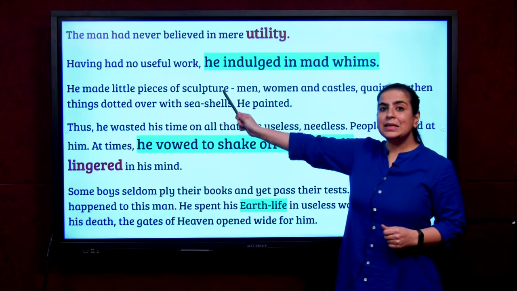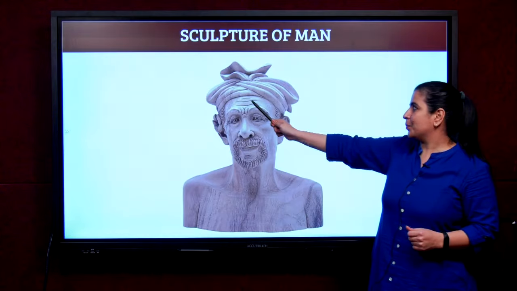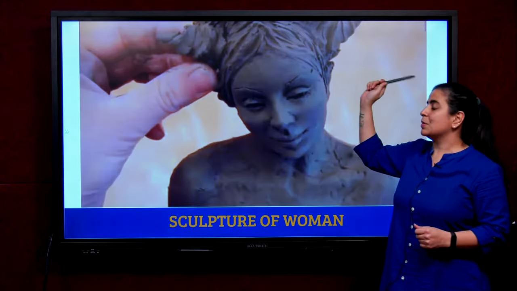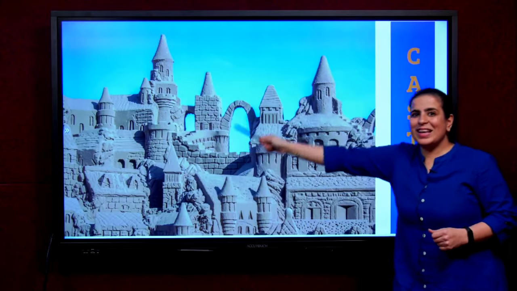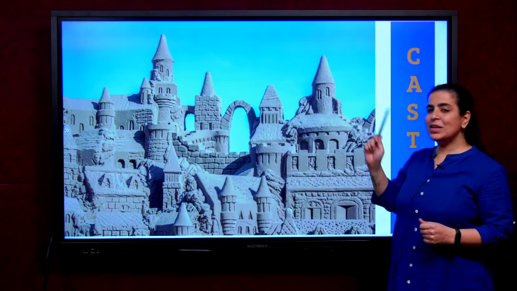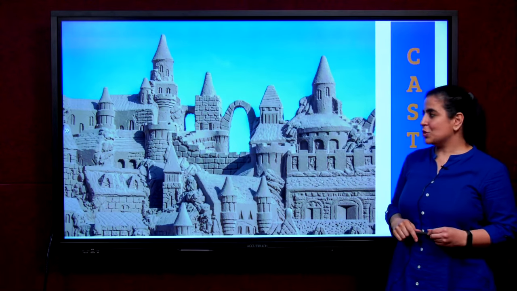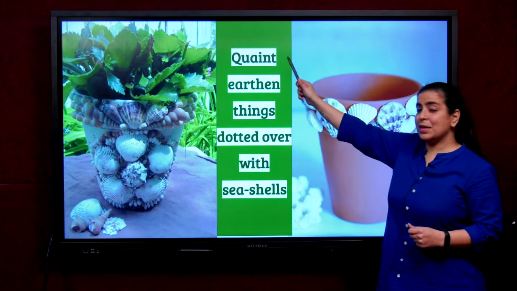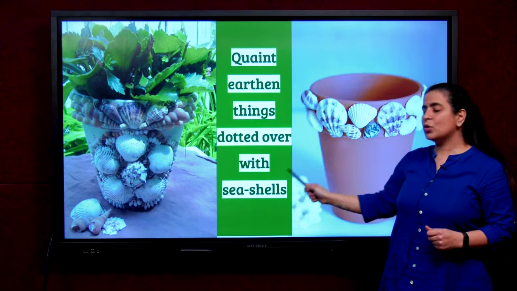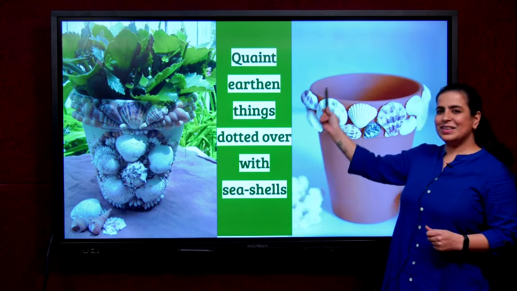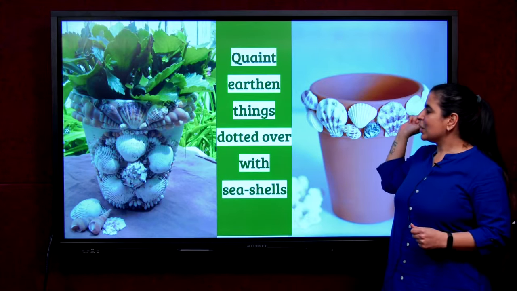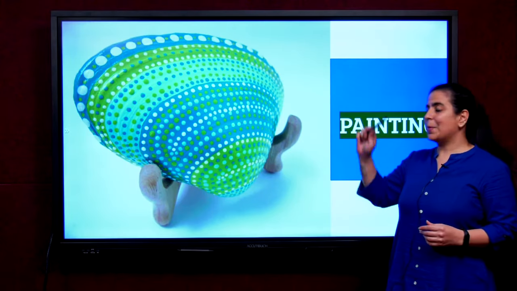He made little pieces of sculpture. Sculpture of man, sculpture of woman and castles. Yes, he really liked making these sculptures. He also liked making quaint earthen things dotted over with seashells. Right. And he also loved painting.